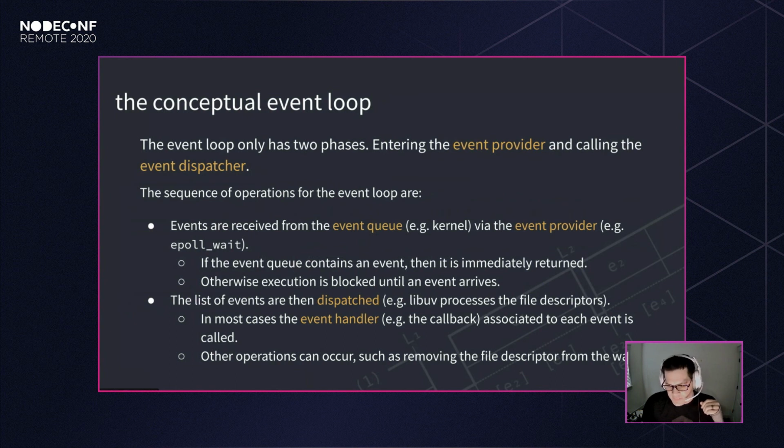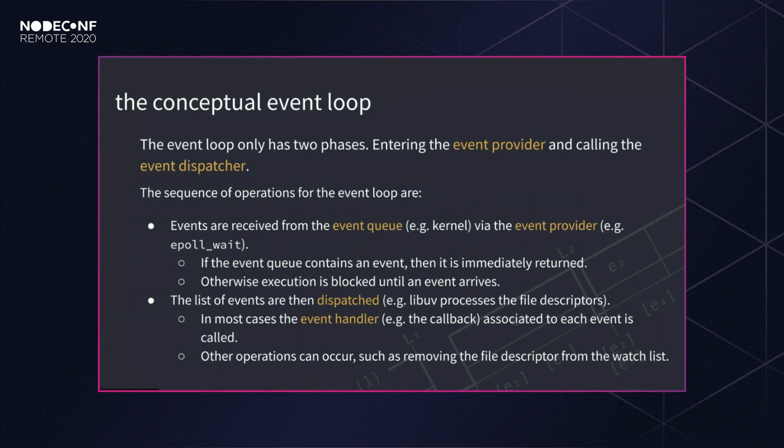If no event is waiting, then the event provider will block or idle until an event arrives. Now, when the events arrive, they are dispatched. This is different than calling the callback. The event handler is the calling of the callback. But since libuv can do more than just calling the callback, such as stop listening to the file descriptor, that step is called the dispatcher.